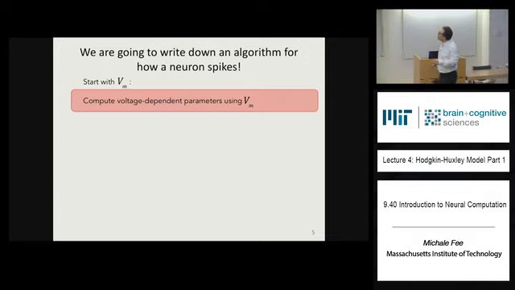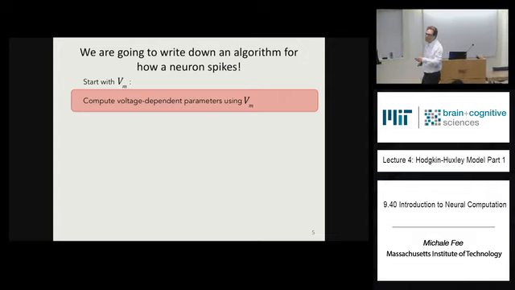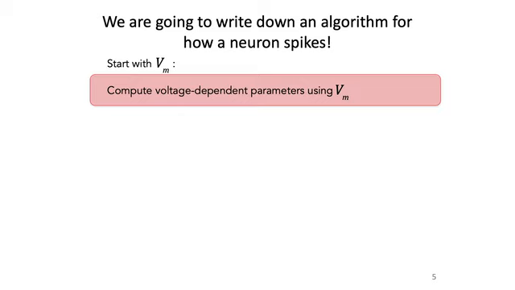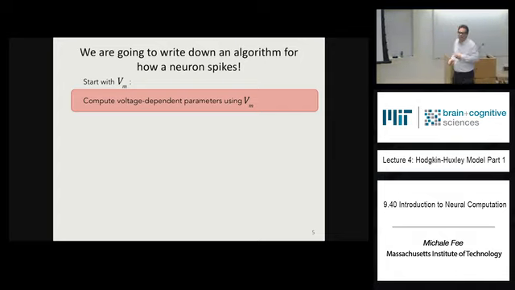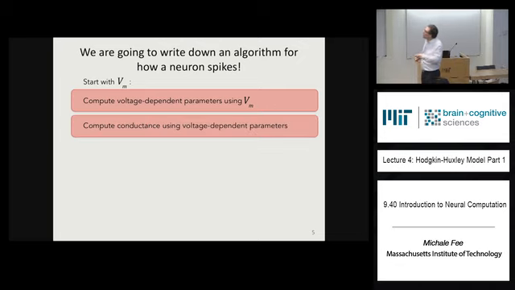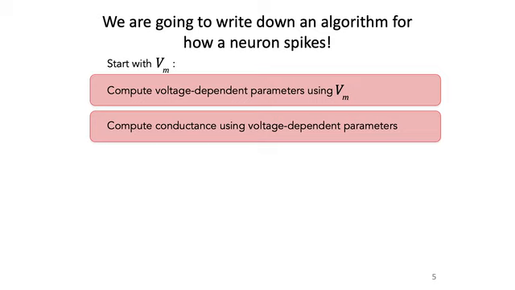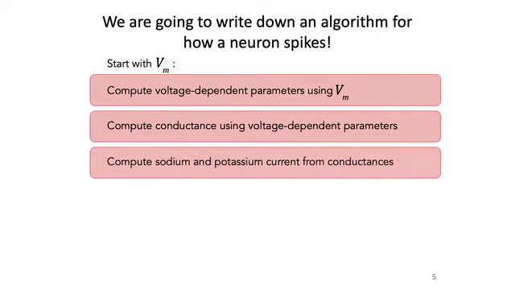So we're going to start with some membrane potential V. And we're going to calculate the voltage-dependent parameters of the sodium and potassium conductance using that membrane potential. Once we have those parameters, we can calculate the conductance for the sodium and potassium. Once you know the conductance, you can get the currents.